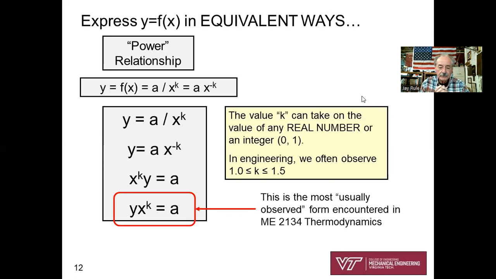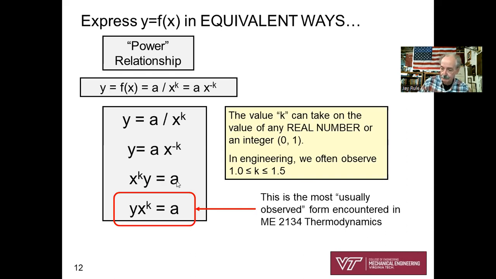Now, I've refreshed this slide about ways to express a power relationship in equivalent manners. So y equals a divided by x to the k. That's sort of our starter point. Recognize we can also express it y equals a x to the minus k, where k is some real number, okay? And let's rearrange. Let us multiply both sides by x to the k. X to the k times y equals a.